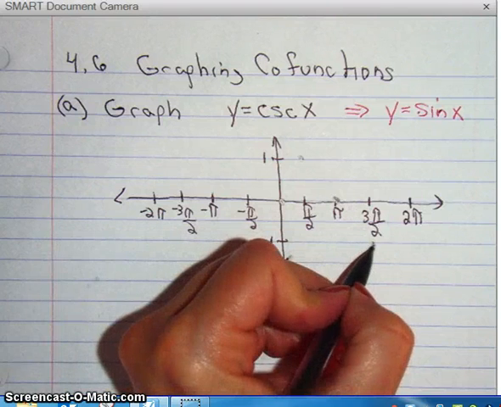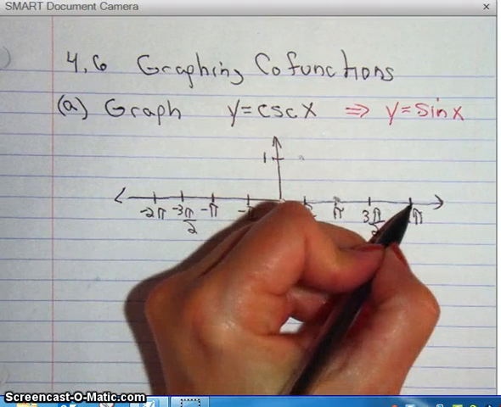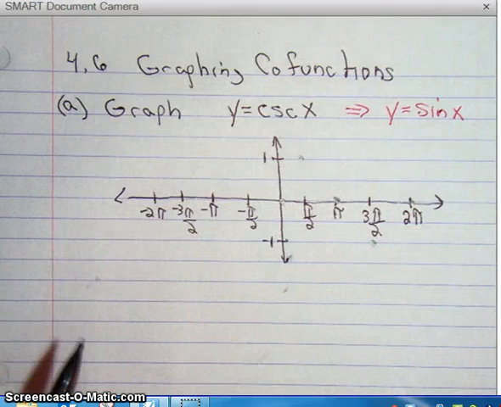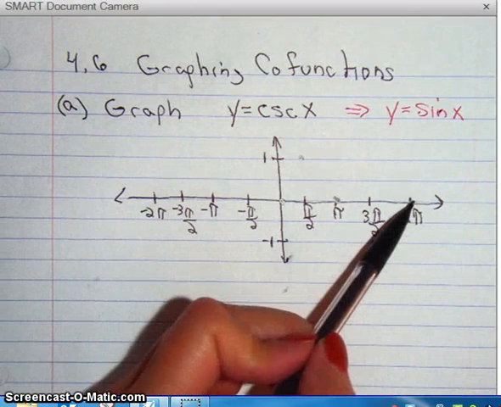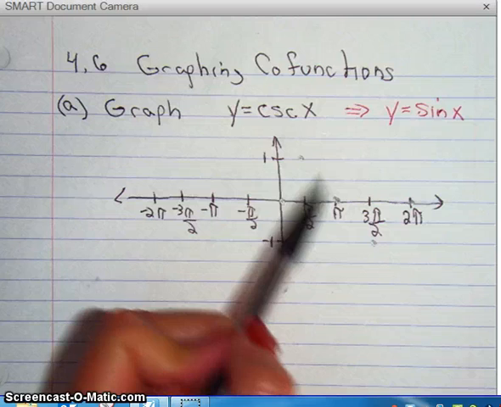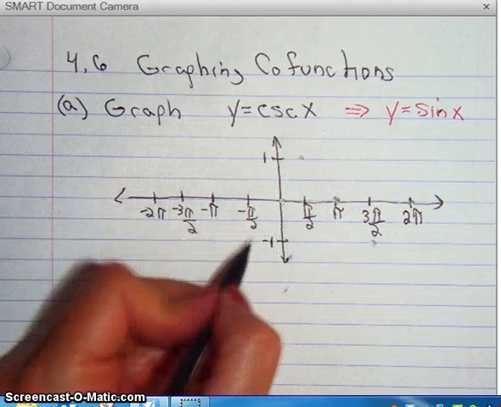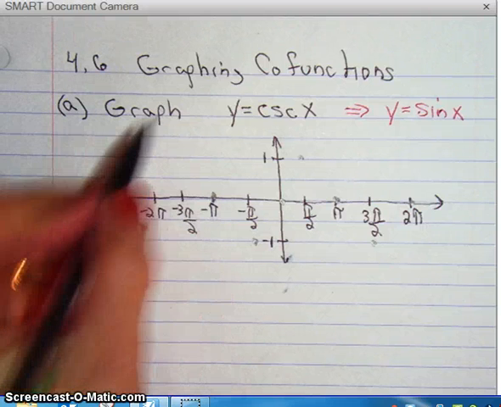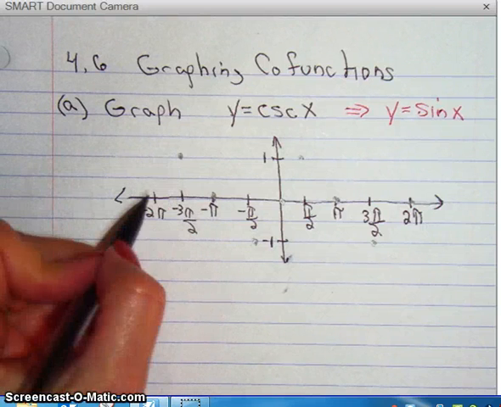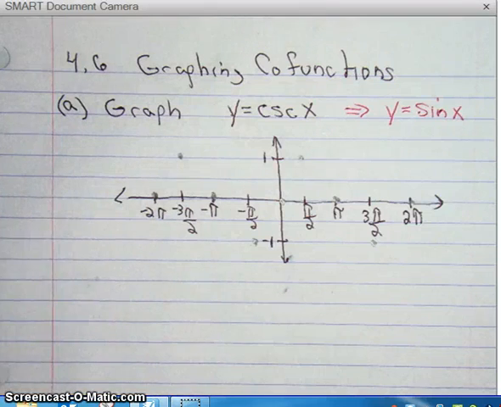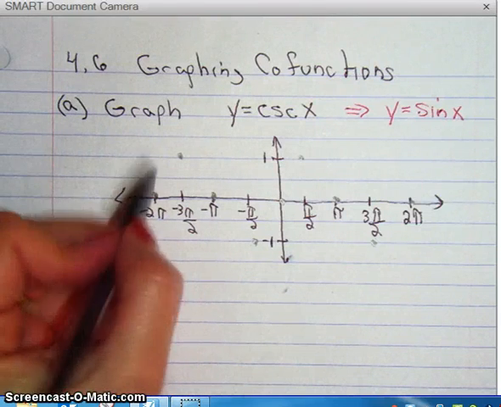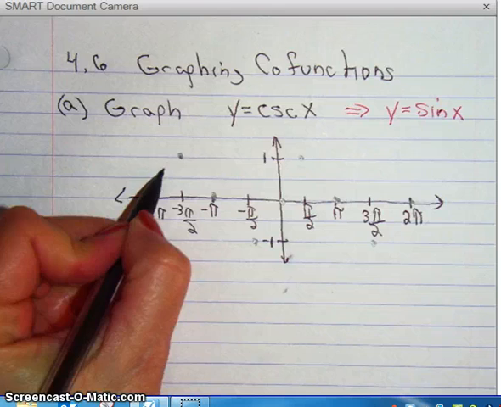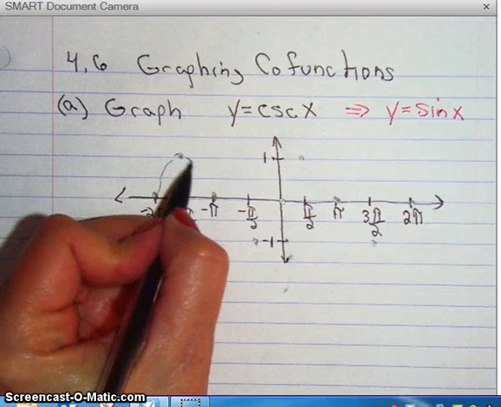Next halfway point, down the amplitude. Next halfway point, x-intercept. X-intercept valley, x-intercept hill, x-intercept valley, x-intercept hill, x-intercept.